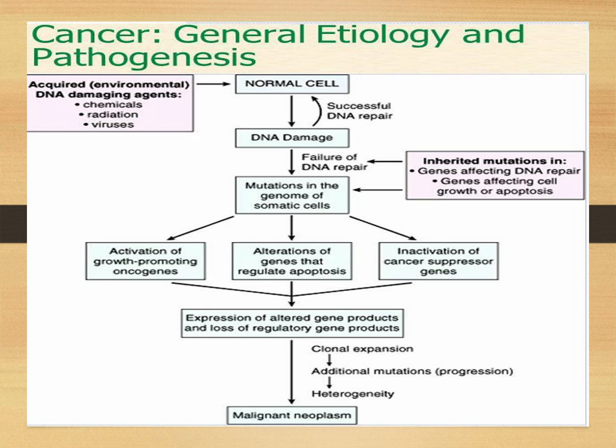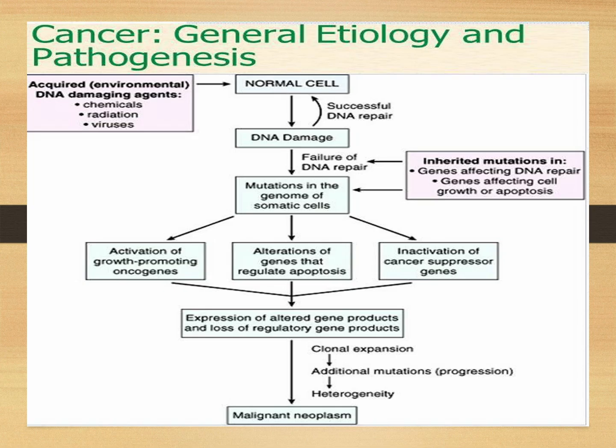Here we will see the general etiology and pathogenesis. There is much difference between pathogenesis and pathophysiology. Pathogenesis is the step-by-step development and origin, but pathophysiology is the disordered physiological mechanism and functional changes occurring in the body as a result of that disease.